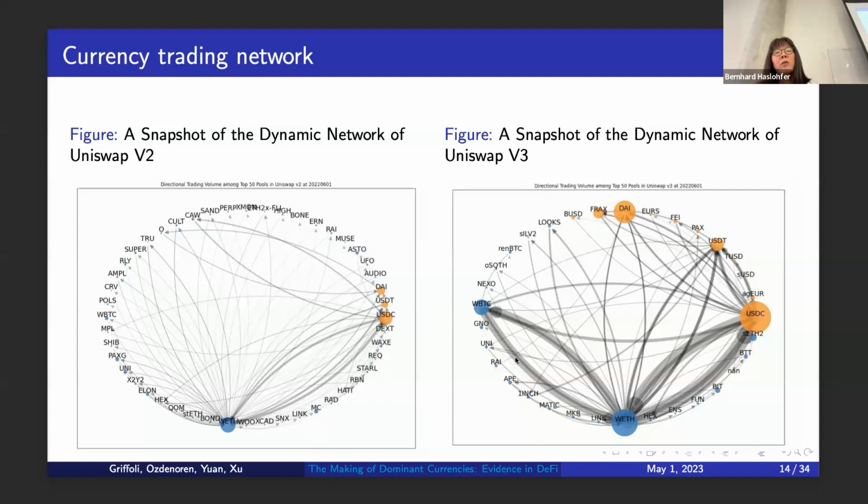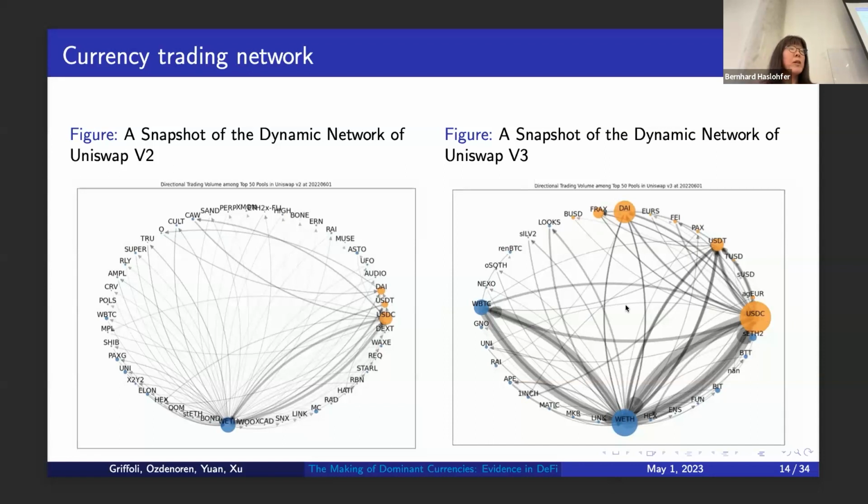And when V3 is introduced, you see more involvement for Bitcoin, WBTC, and USDC become even more dominant as a node. You see other stablecoins also playing a bigger role.